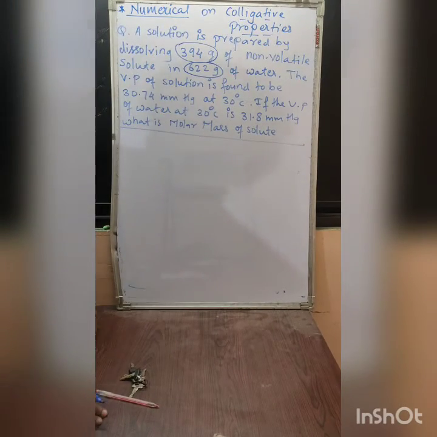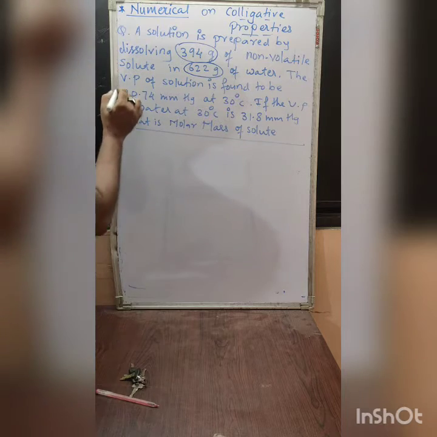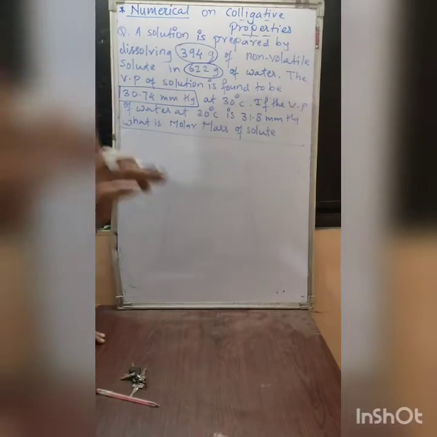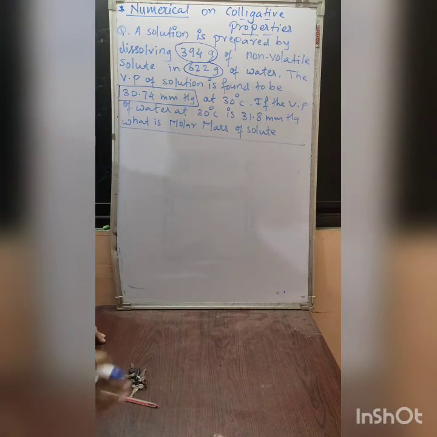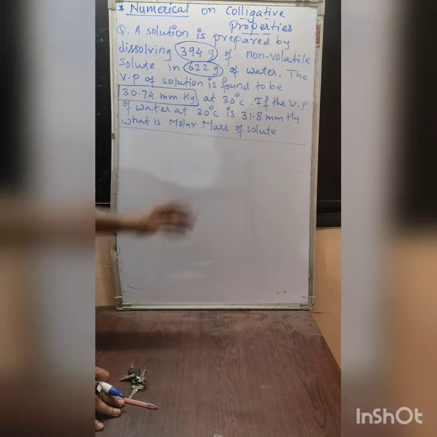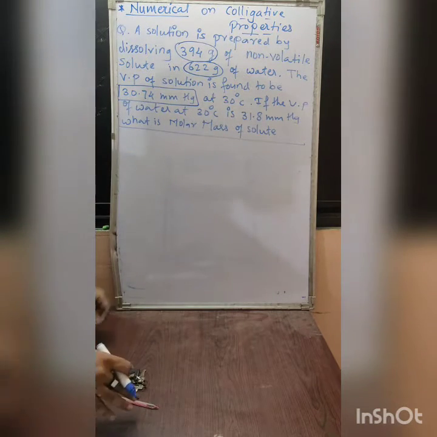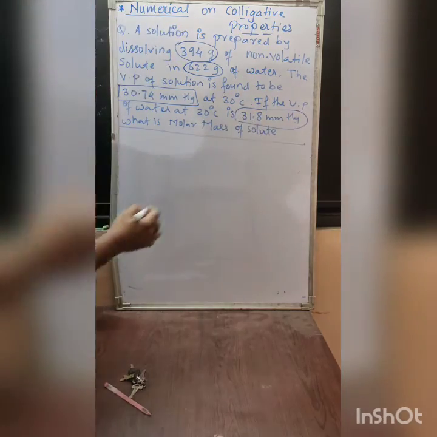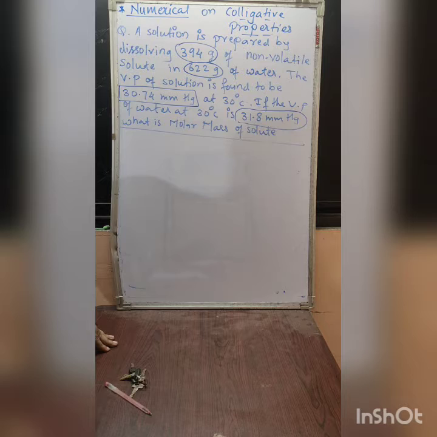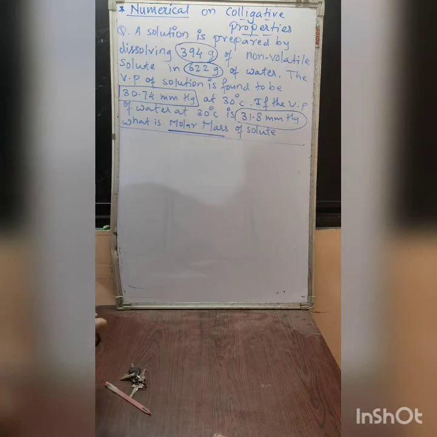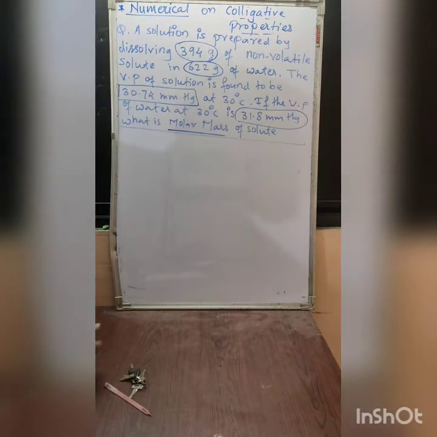The vapor pressure of the solution, that is P1, is found to be 30.74 millimeter Hg at 30 degrees Celsius. If the vapor pressure of water is 31.8 millimeter Hg, what is the molar mass of the solid?